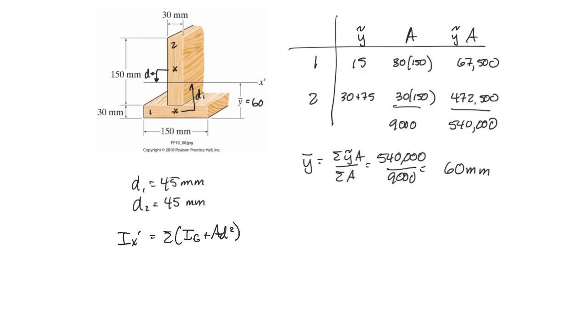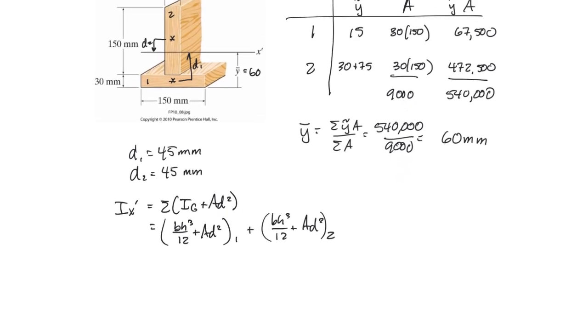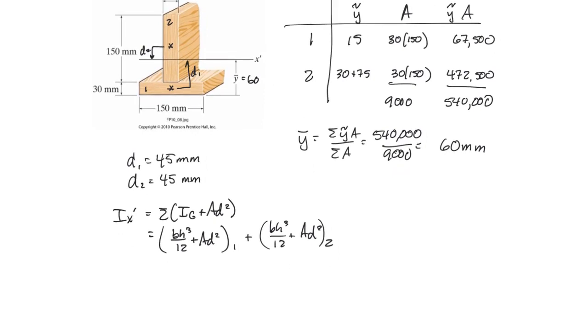Okay, so that's going to be equal to BH cubed over 12 plus AD squared of part 1 plus BH cubed over 12 plus AD squared of part 2. Okay. I think I can keep everything on the page here. All right. Part 1 is the base part. So that's going to be 150 is the base, 30 is the height.